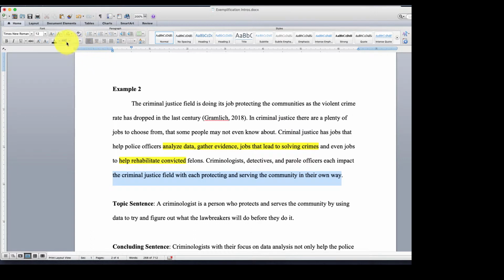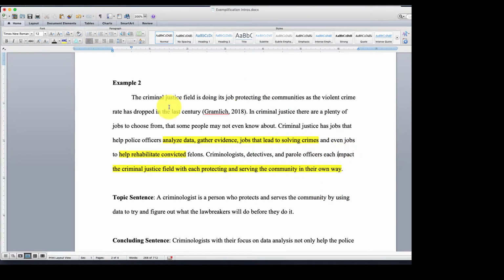So here again, we see in this paragraph, he introduces criminal justice. That's the general category. And then we have 3 jobs: criminologists, detectives, and parole officers. And what do they do? They analyze data. That's going to be your criminologists. They gather evidence. That's going to be your detectives.